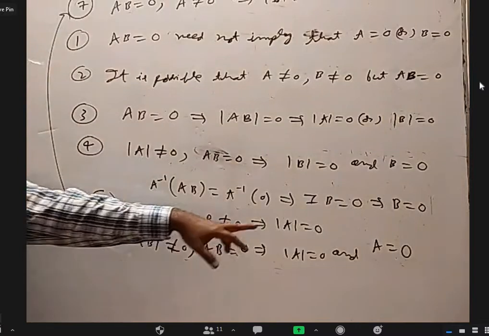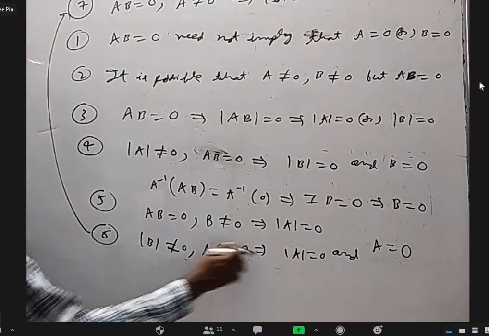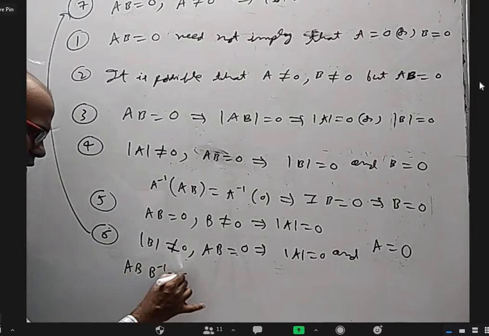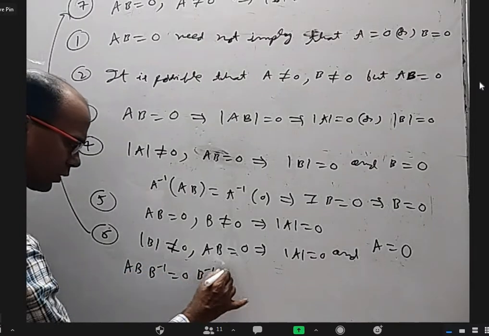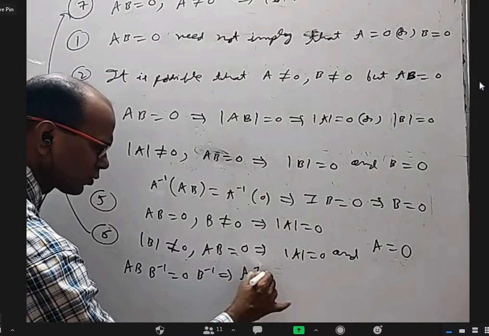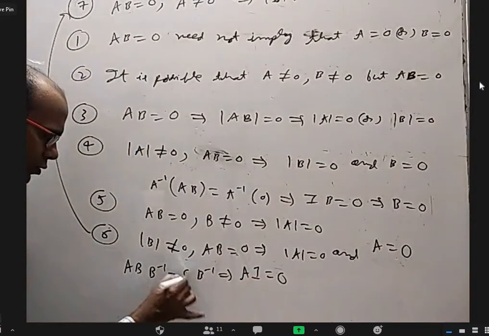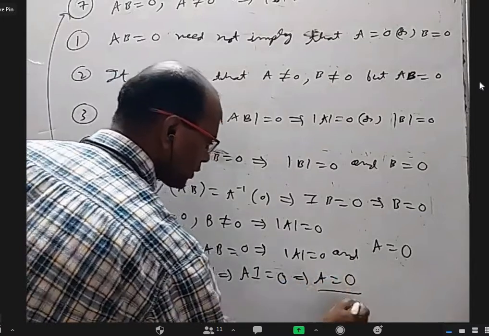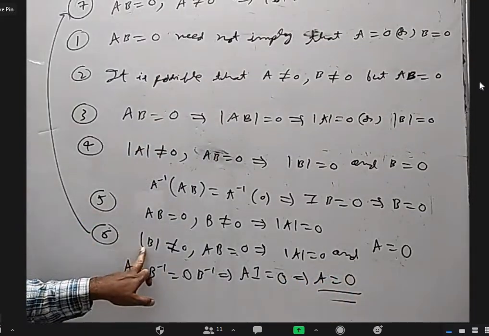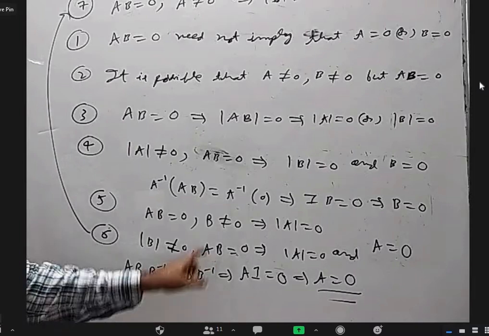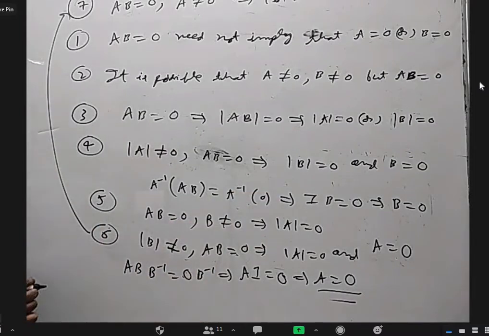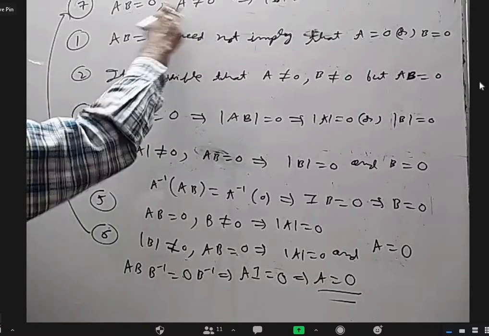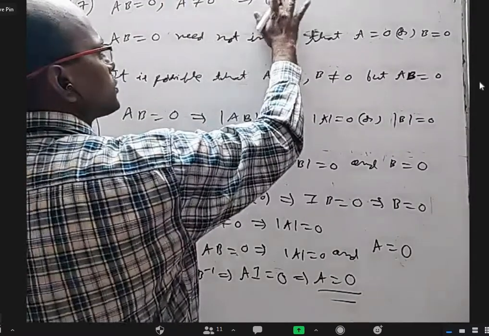Here I can even write the proof. How did I get A null matrix? I can multiply B inverse on both sides. AB B inverse equal to null matrix into B inverse. That is A into identity matrix is null matrix, and then I'll get A equal to null matrix. So if det B is not 0 and AB is a null matrix, definitely A will be a null matrix. So if you want AB to be a null matrix but A should not be a null matrix, it means definitely that det B should be 0.